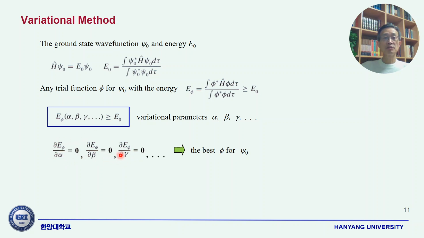When these conditions are met, you have the lowest E phi, which is greater than E naught. So this will give you the best phi for psi naught. This is how you solve the Schrödinger equation. Approximate, but the best.